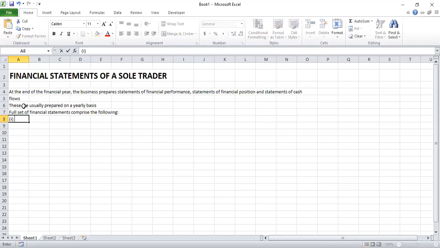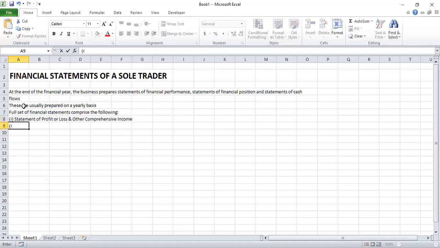We have statements of profit or loss and other comprehensive income. This is the statement in which we determine the profit or loss that was made by the entity during the period.